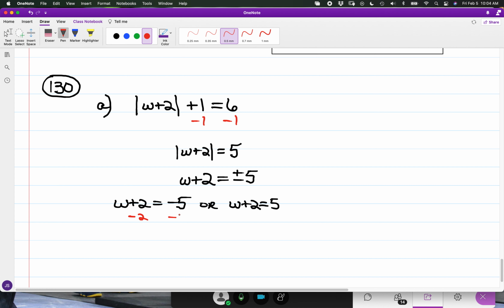And taking away 2 from both sides in both equations, it could be that w is equal to negative 7, or it could be that w is equal to 3. Okay, so for the possible solutions in w, we have negative 7 at the lower end and positive 3 at the upper.